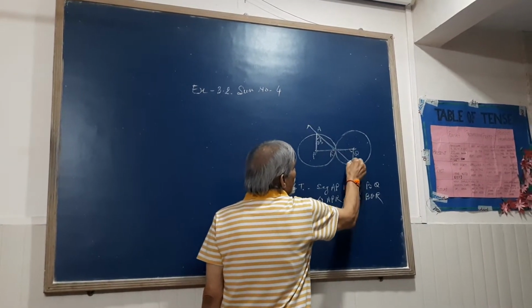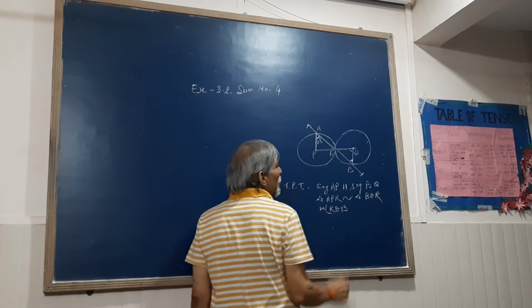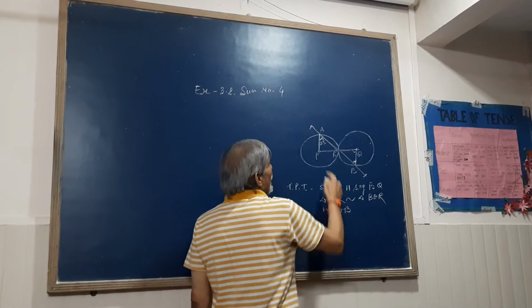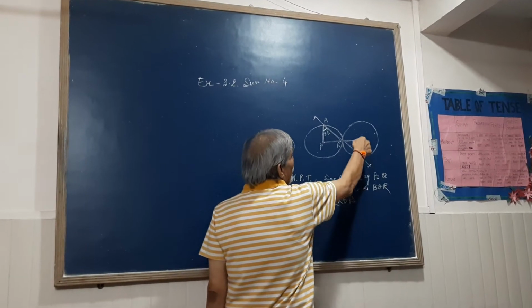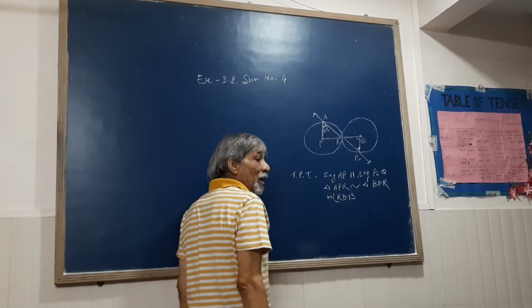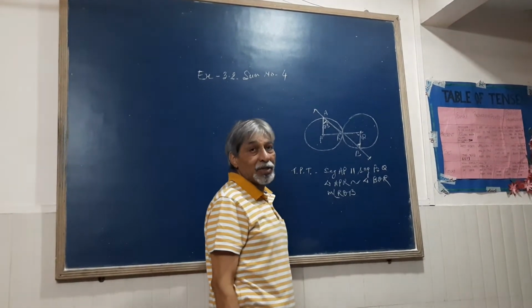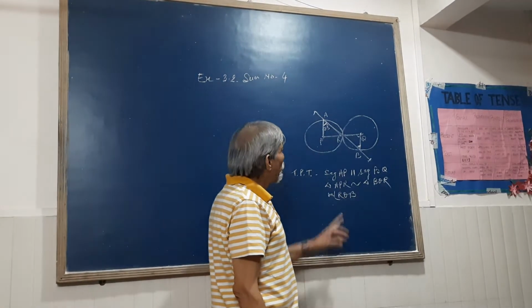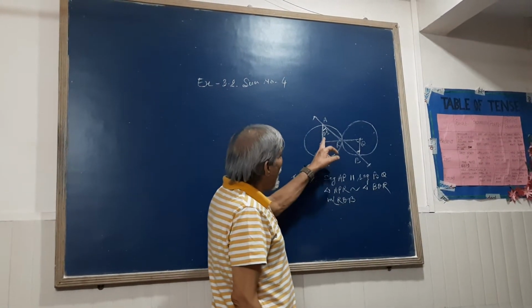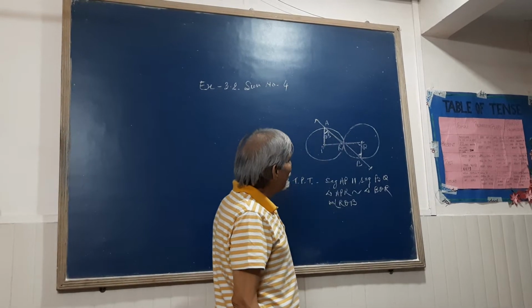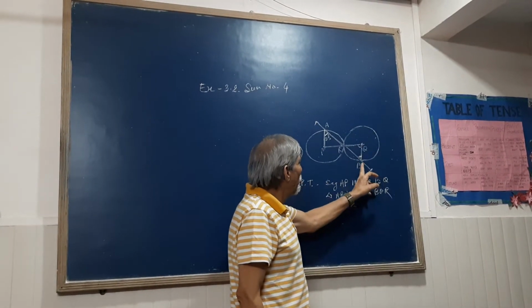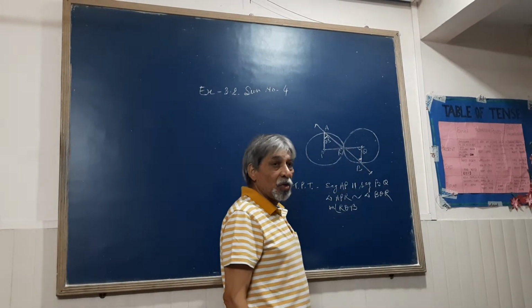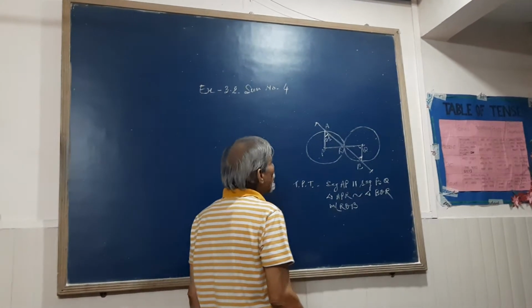If you can prove this angle is congruent to this angle, then you can say that PA is parallel to BQ by alternate angle test. So to prove angle PAR is congruent to QBR, three things we have to prove.